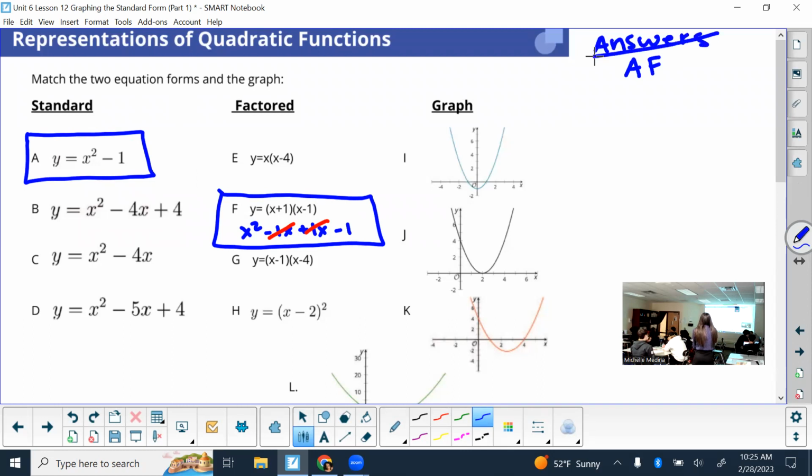All right, and then what graph matches A and F? Okay, someone said I, anyone disagree with that? Did you have to use Desmos for that? Based on the discussion we just had? You don't have to.